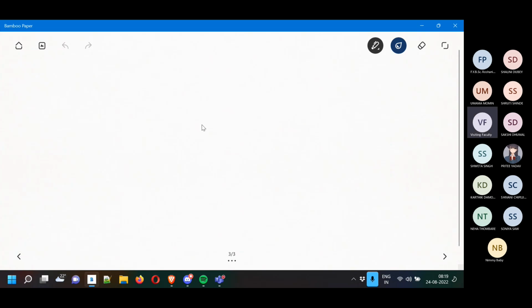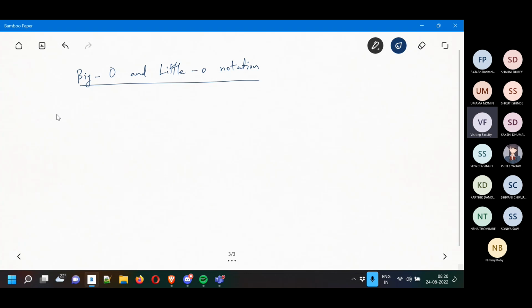So what we are interested in here is what is called big O and little o notation.